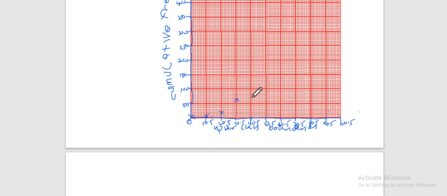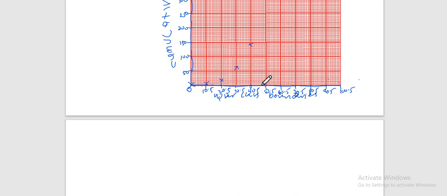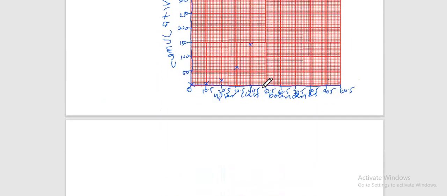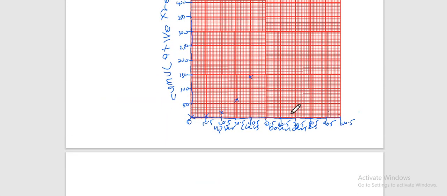That's this 100. That's here. That should be this point. Then 50.5 is 243. That's this 200, this 250, 243. That's somewhere there.